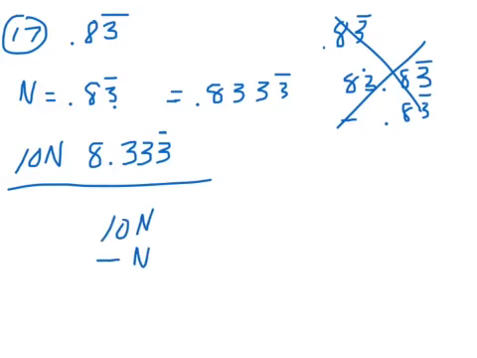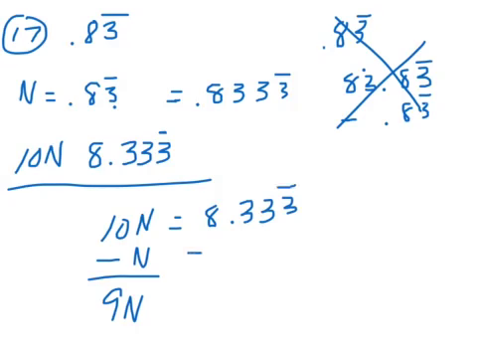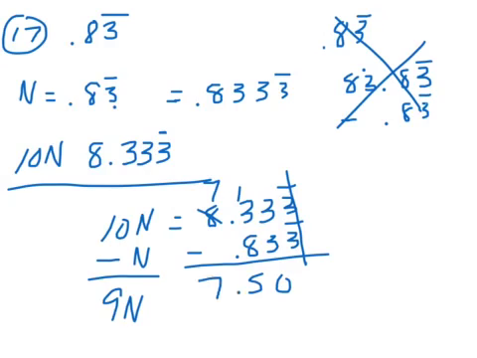Okay? So let's see what would happen if I did 10n minus n, that would be 9n. That would be 8.333 repeating minus 0.833 repeating. All these would cancel out. I'd get a 0 here. 13 minus 8, I'd get 7.50 over 9.